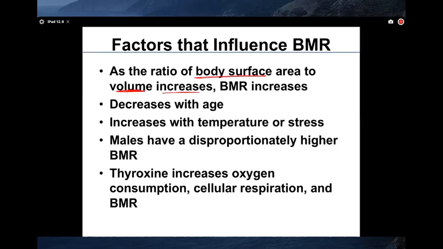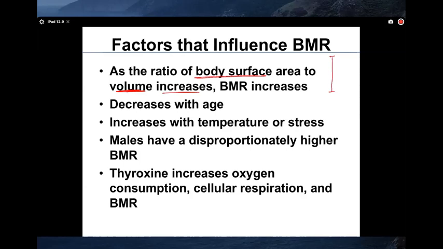If you have a person who is taller, who has a much larger body form, so he has a much greater body surface area, he tends to lose weight faster than a person who has a short stature, a smaller body surface area.